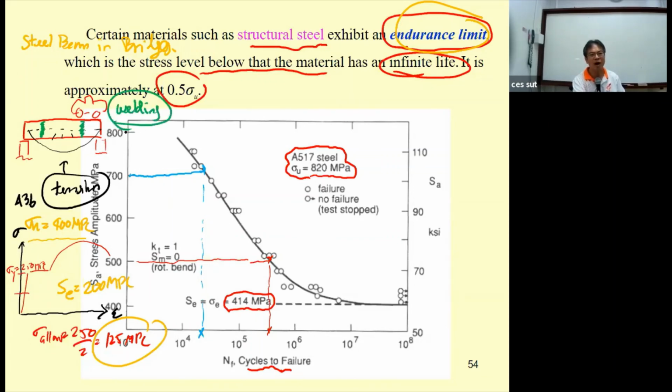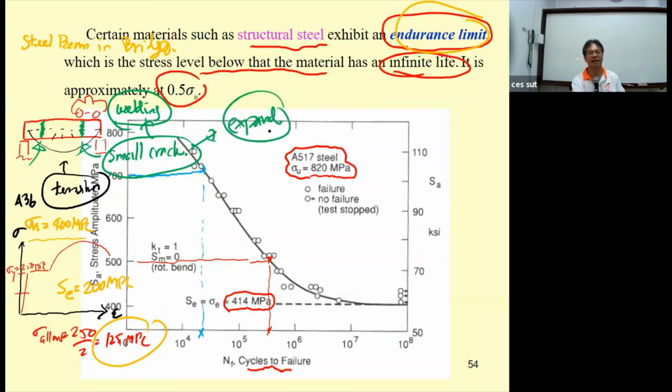The welding may cause some small cracks due to the welding process. The small crack, when subjected to repeated load, is going to expand to a larger crack. And in this case, sometimes steel beams in civil engineering bridges are also prone to fatigue failure.